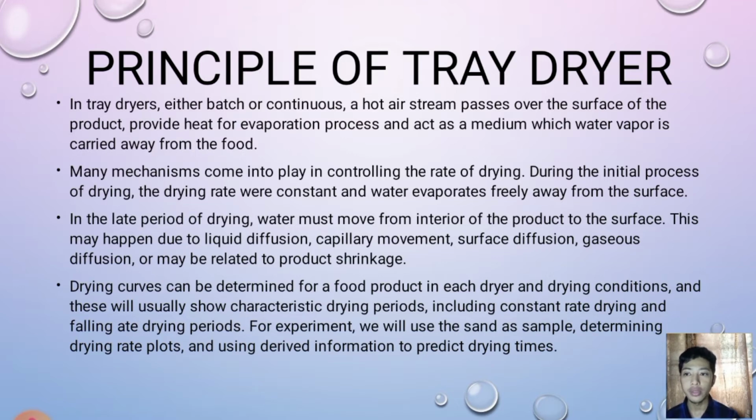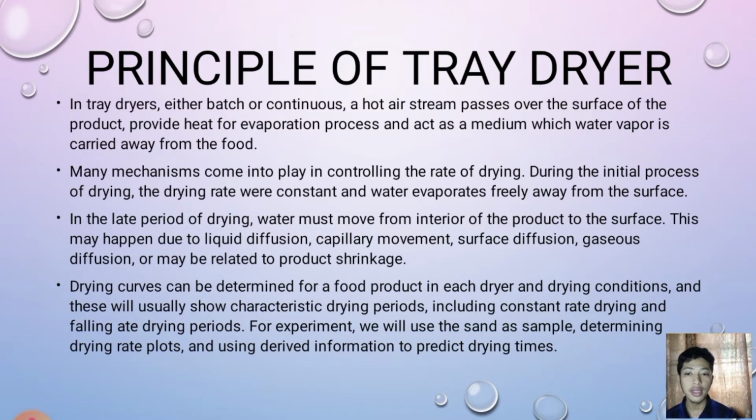During the initial period of drying, the drying rate is constant and water evaporates freely away from the surface. In the late period of drying, water must move from the interior of the product to the surface. This may happen due to liquid diffusion, capillary movement, surface diffusion, gaseous diffusion, or may be related to product shrinkage.